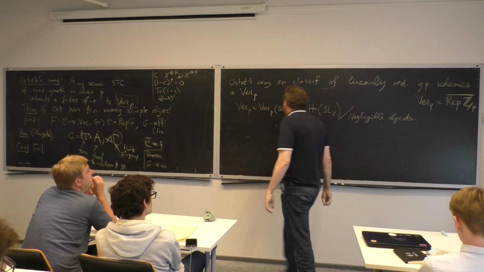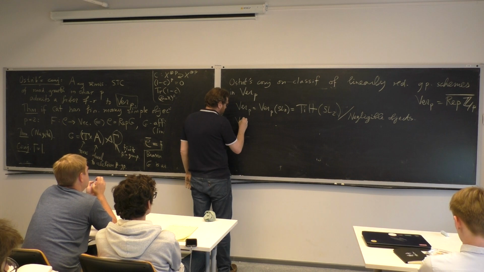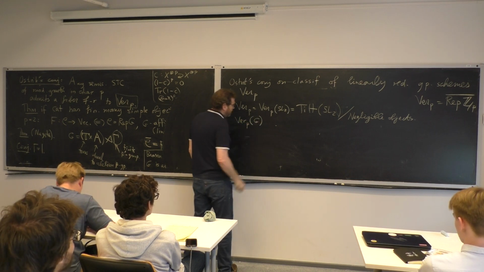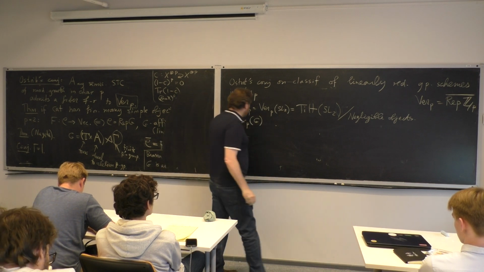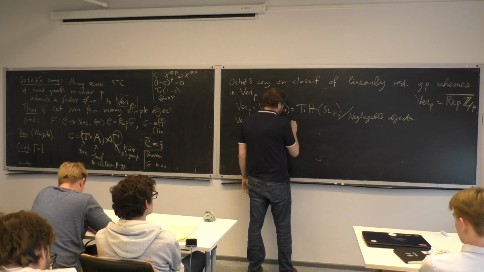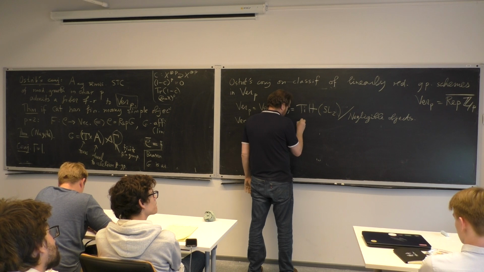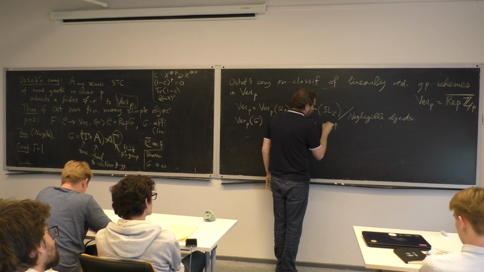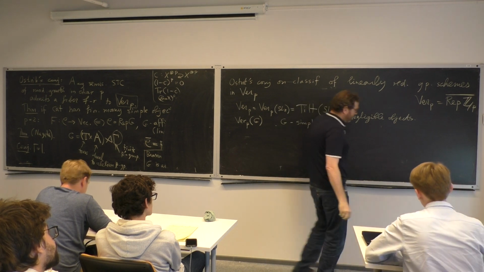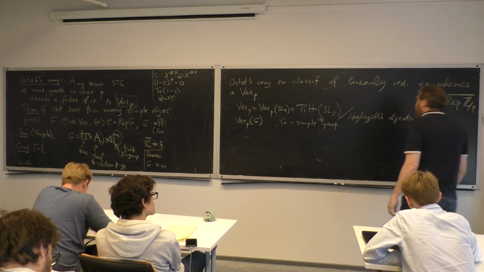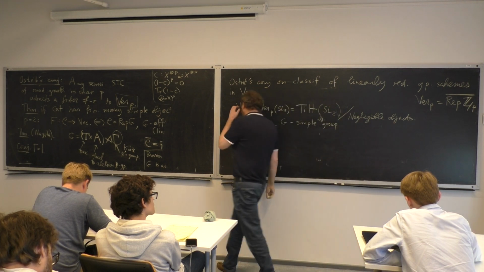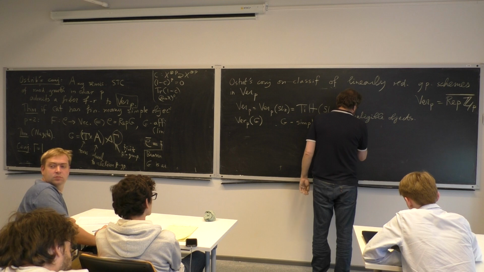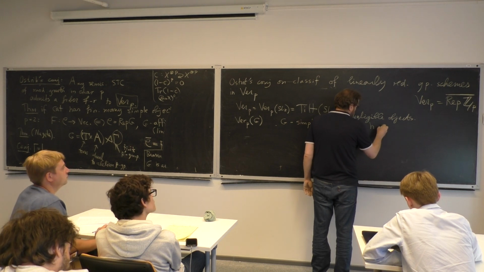And this procedure you can do for any group G. So you can define Ver_p of G, where G is, let's say, a simple algebraic group. So you want to consider p greater than the Coxeter number.